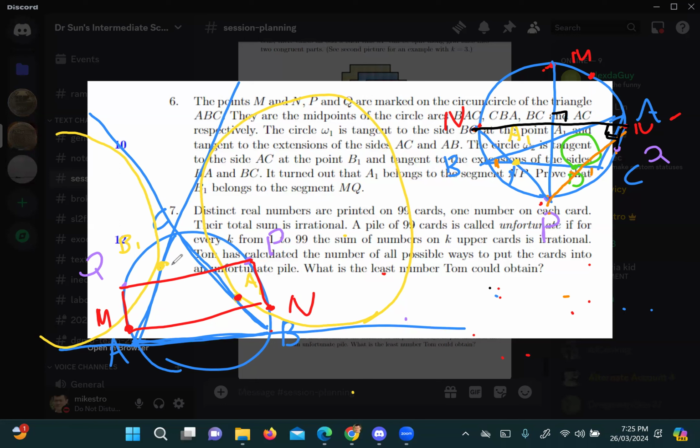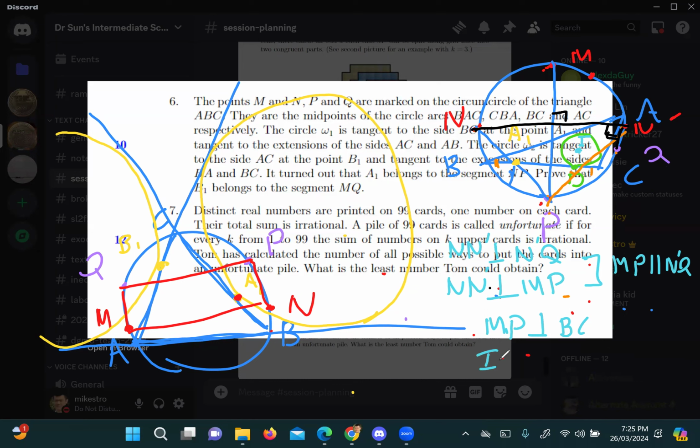So we find that N prime is perpendicular to N prime Q, N prime is perpendicular to MP, so MP is parallel to N prime Q. And we also note that MP is perpendicular to BC. If we construct the incenter I, we note that ID is perpendicular to BC. So MP is parallel to ID, and thus ID is parallel to N prime Q.